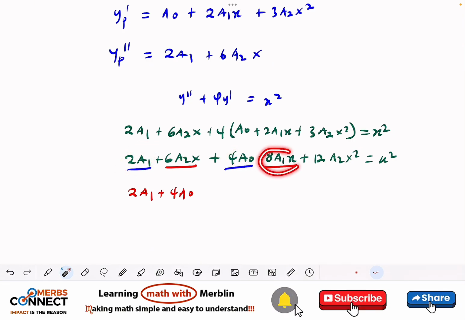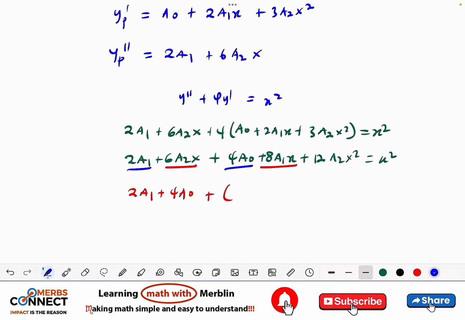Then the terms with x, I cannot add them because this is a1 and this is a2, but I can factor x out. So I'm going to have plus (6a2 plus 8a1)x, and the term with x squared, 12a2x squared, which is equal to x squared.